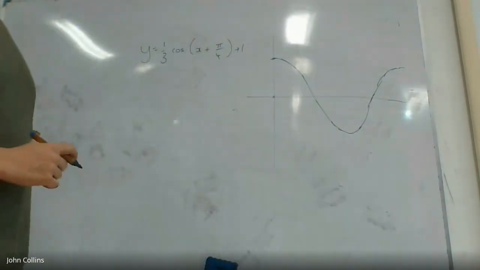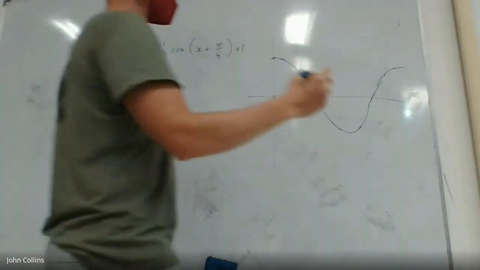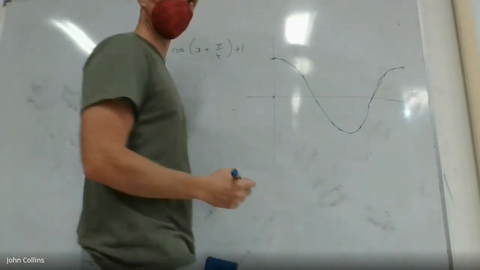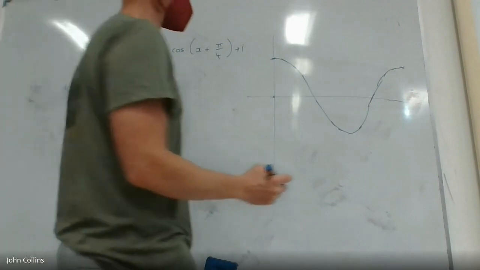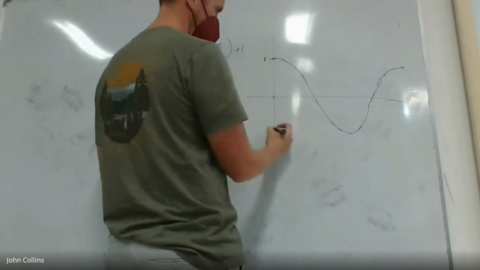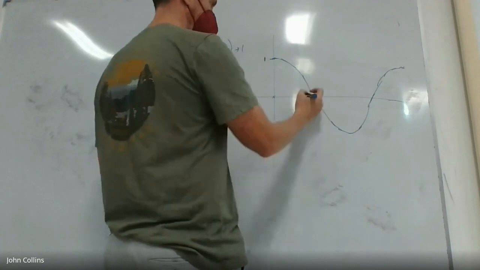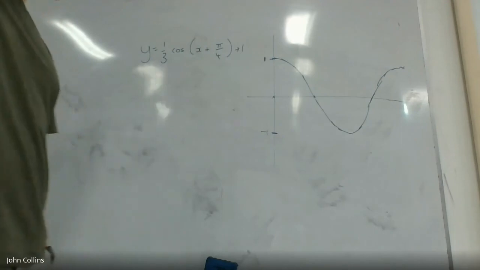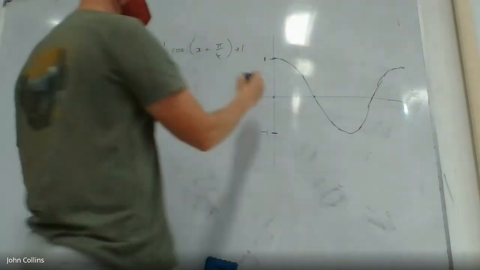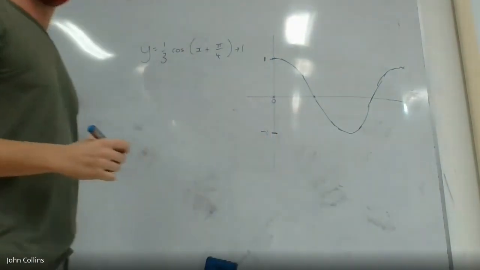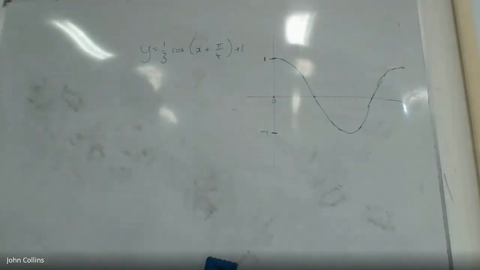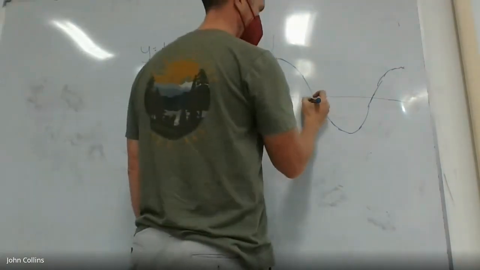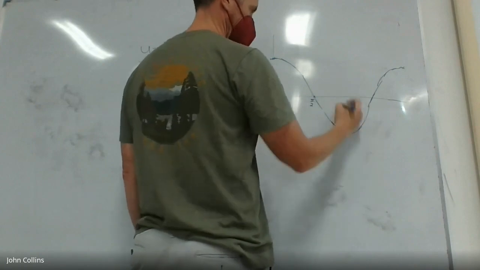So that would be a full period. This is 1, and this is -1. What's this first time it crosses the x-axis? This is 0 degrees, then pi/2, which means this down here would be at pi.